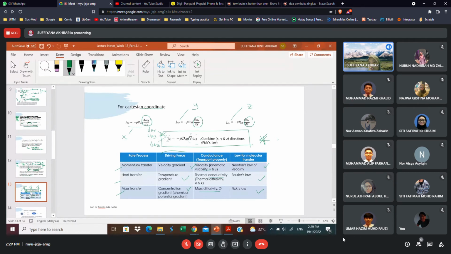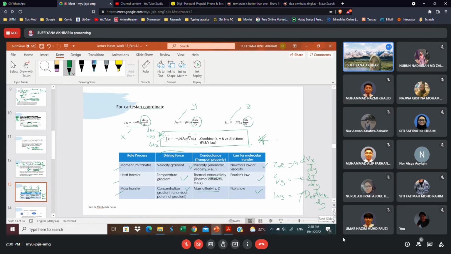And you also need to remember the equations. For example, Newton's law, tau yx is equal to negative mu dvx over dy. And Fourier's law, qy is equal to negative k dT over dy. Meanwhile, for Fick's law, for example, we have jAY is equal to negative rho DAB d omega A per dy. Okay, so we need to remember.